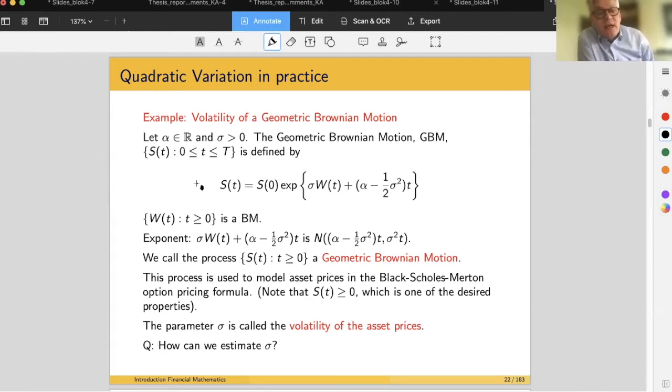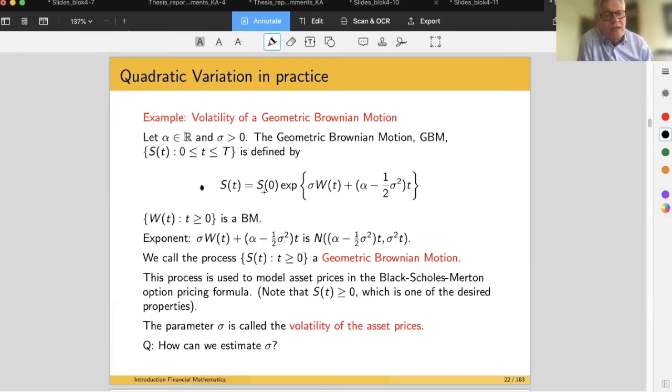So this is a basic model for a stock price, and the W(t) here in the exponent of the exponential function, t greater or equal to 0, is a Brownian motion, and added to that is this term, and it's multiplied by sigma. At time 0, we have S0, and basically this is a model for the stock price in the future.